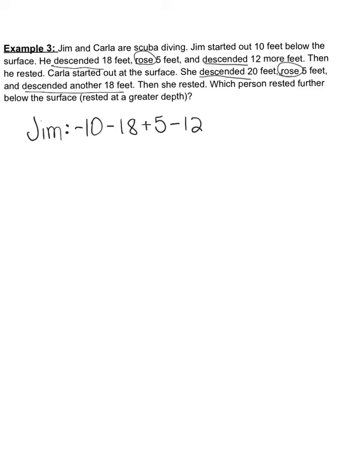Now I'm going to change my expression to all addition, where I add the opposite. I'm going to start with negative 10, but rather than subtracting 18, I'm going to add the opposite of 18, which is a negative 18.